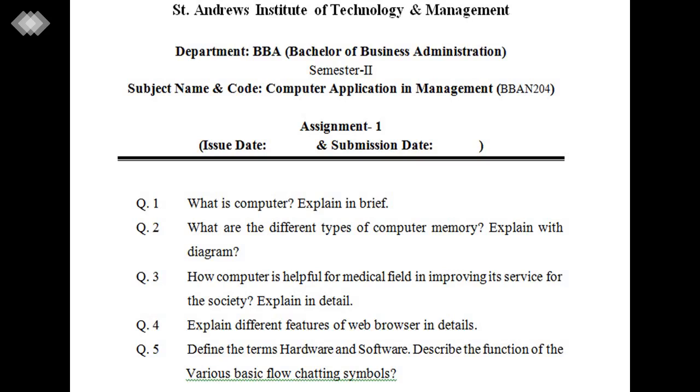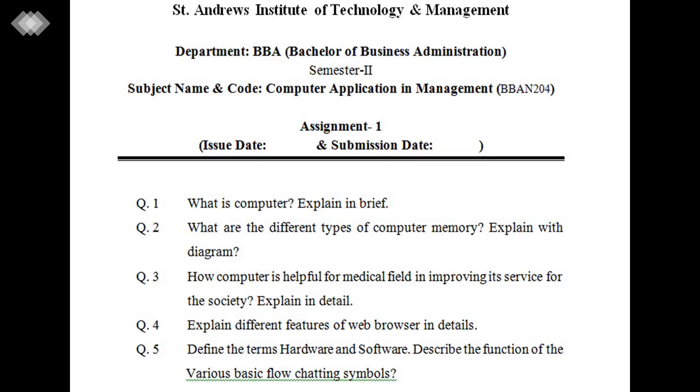Assignment number 1 is related to our unit 1, and the questions are: what is computer? Explain in brief. Second question is: what are the different types of computer memory? Explain with diagram. Third question: how is computer helpful for the medical field in improving its service for the society? Explain in detail.